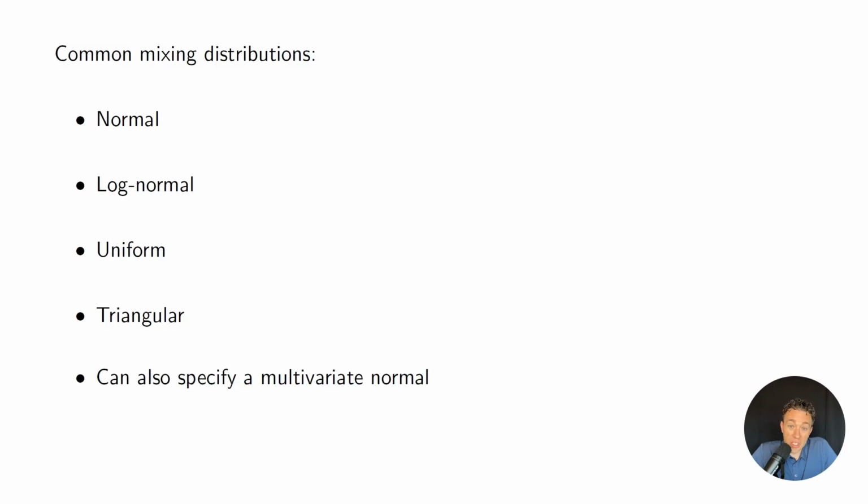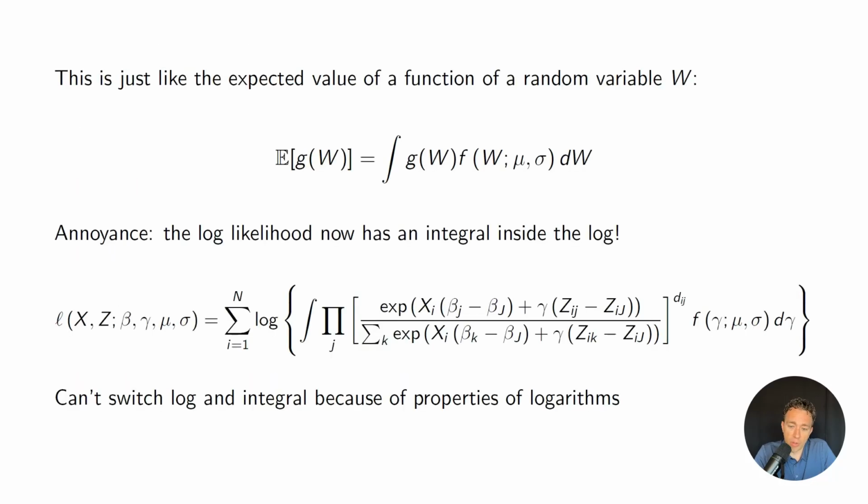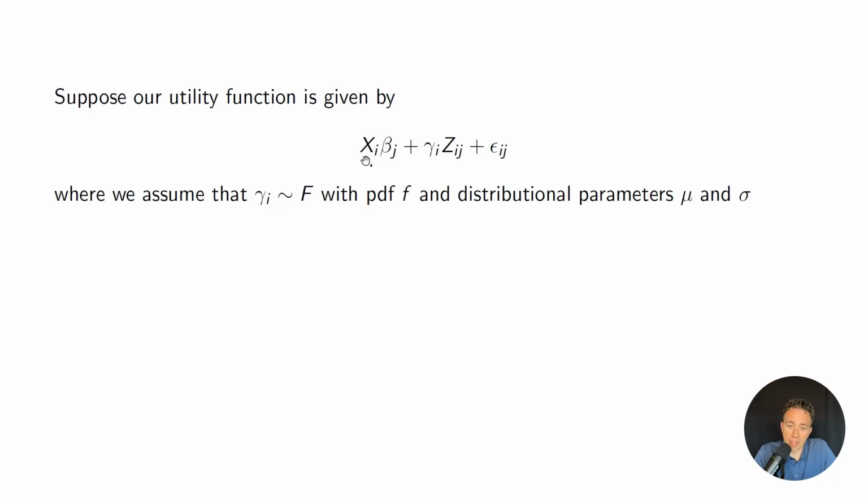We could also specify a multivariate normal where we have multiple random coefficients that are correlated with each other. So in general, if we go back to our formula, suppose that we were also mixing beta as well as gamma. We would normally just assume that those are independent distributions, but there could be some correlation between how much I value the price and how much was my household income, for example.